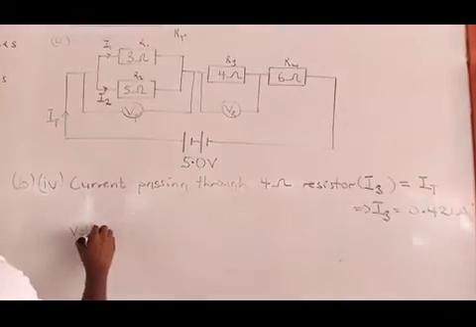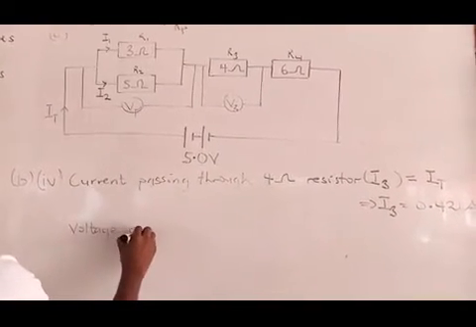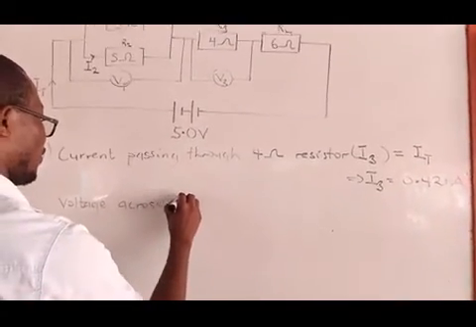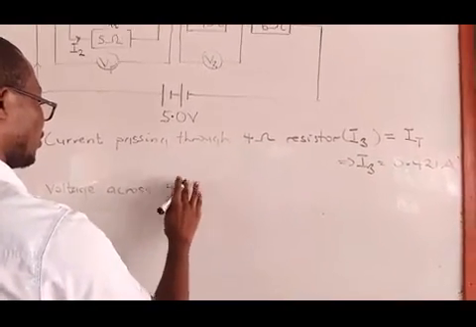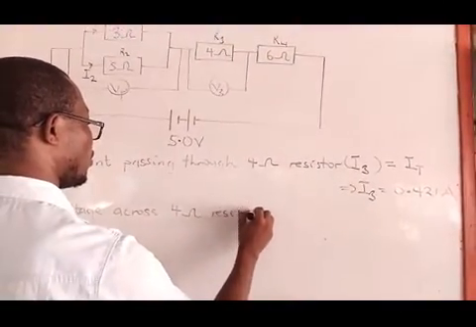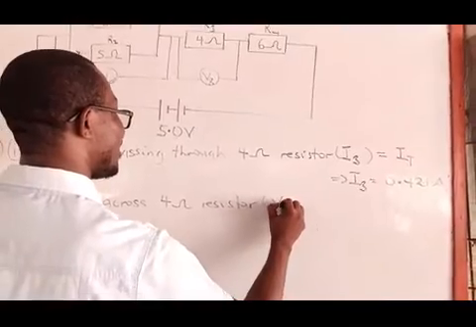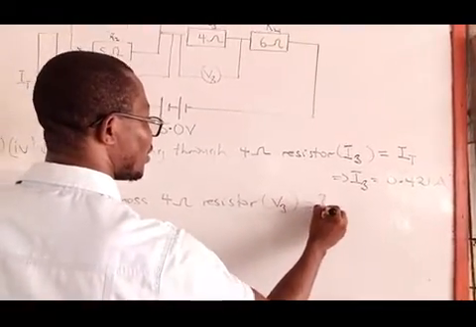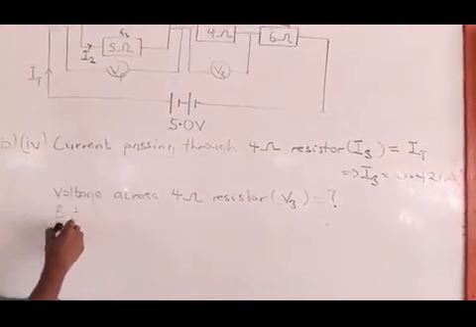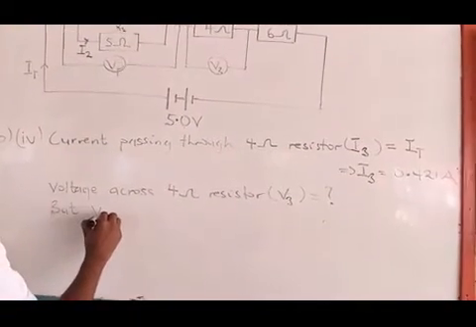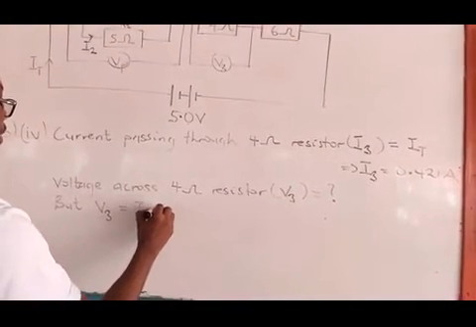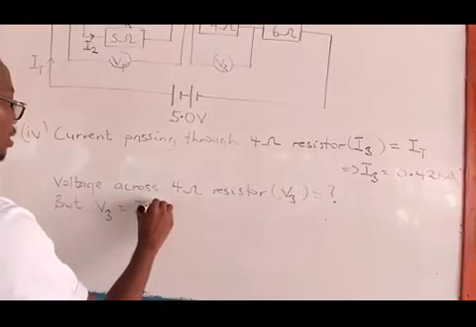So voltage across the 4 ohm resistor. That's V3. That's what you're looking for. So your voltage is the current times the resistance. So our V3 would therefore be equal to I3 times the resistance R3.